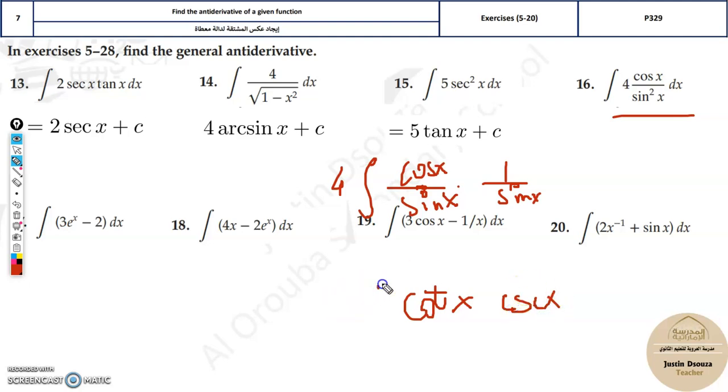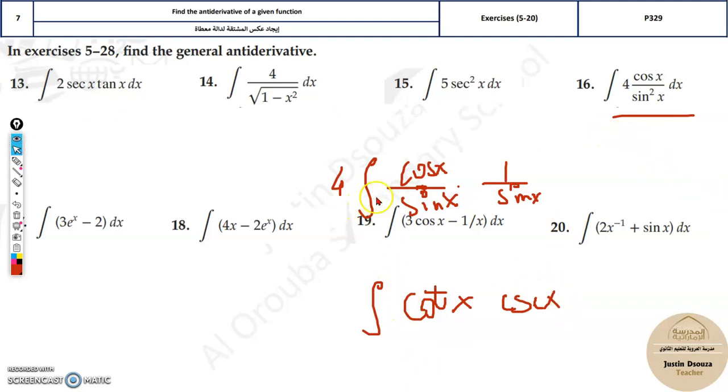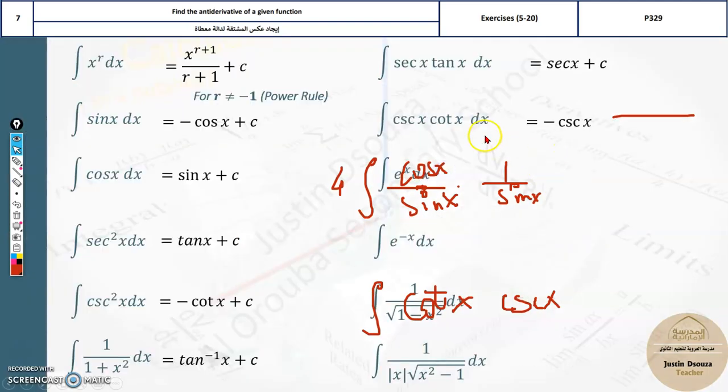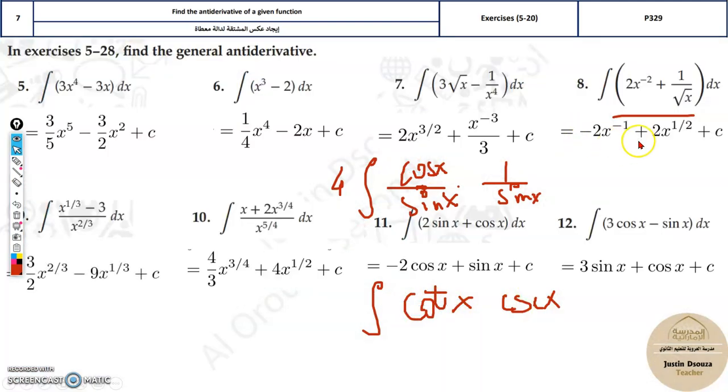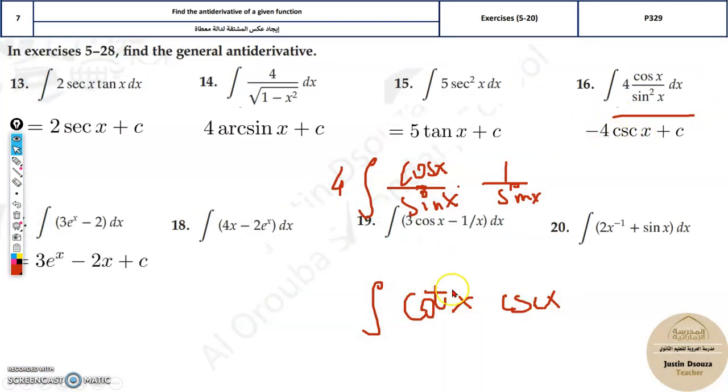See, we know the integral of cosecant x and cot x multiplied is minus cosecant x. So it will be minus cosecant x. Okay, because if you go back to the formulas, you can see over here cosecant, and cot when multiplied it's minus cosecant. Therefore, we get minus cosecant. This 4 is a constant, right? Write the 4 plus c.